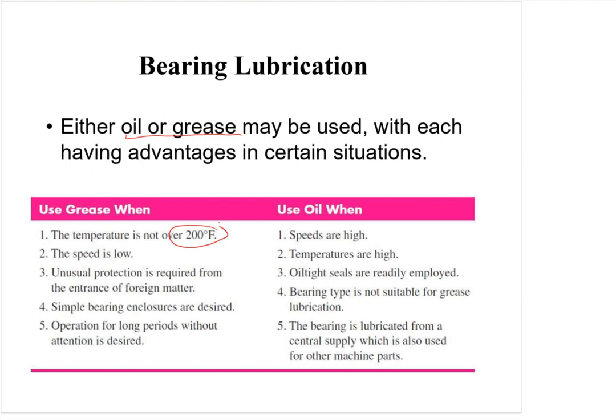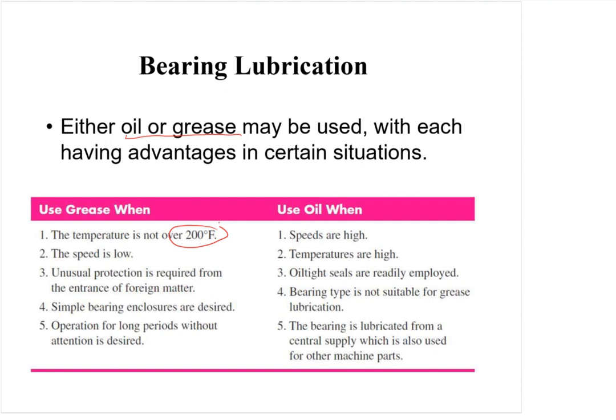So grease is used on relatively low temperature, low speed bearings that probably have a lot of junk in the environment, a lot of dirt and foreign matter. So you're going to have some sort of shield on the bearings, and you basically just want a cheap bearing that'll run forever and ever. Not literally, but just run for long periods without really needing a whole lot of attention.